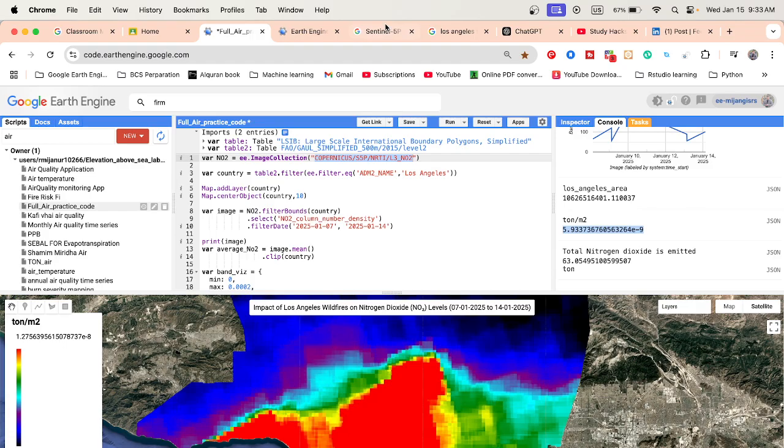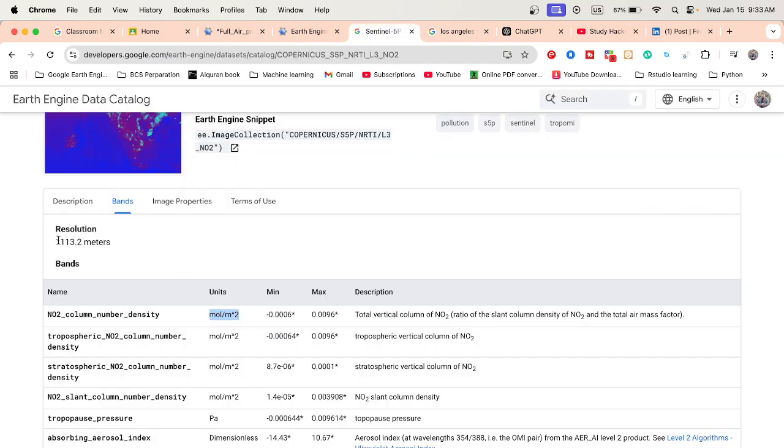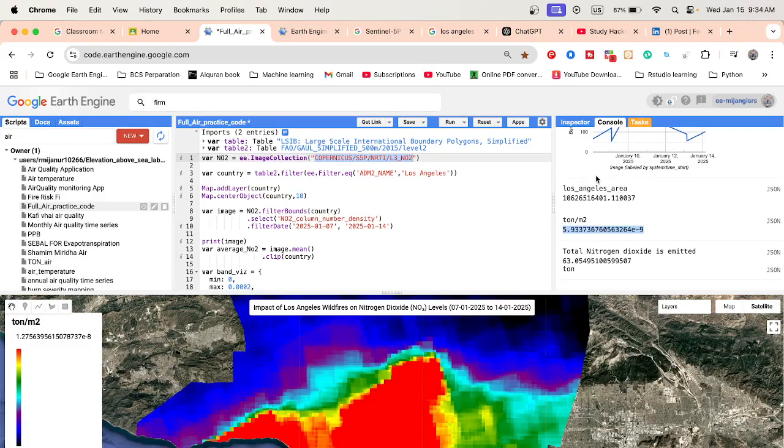Per pixel here indicates a pixel size of 1113.2 meter multiplied by 1113.2 meter, that square meter area. So now we find the average result 5.933 times 10 to the power of minus 9. This is how much ton is emitted per meter square or per pixel area.